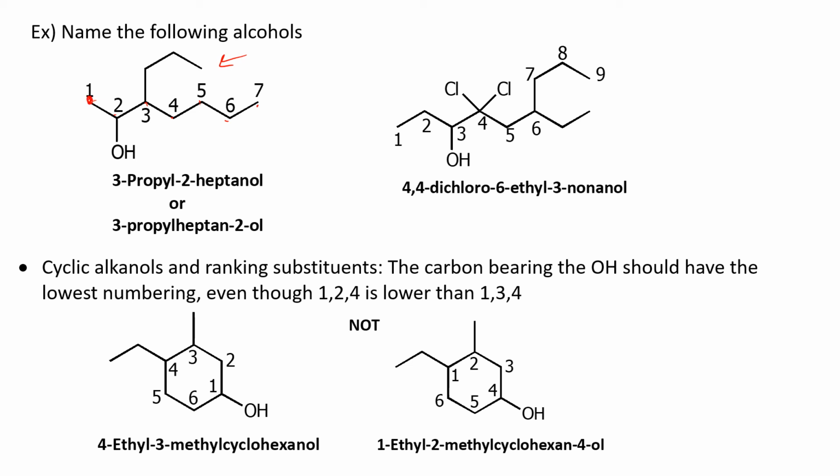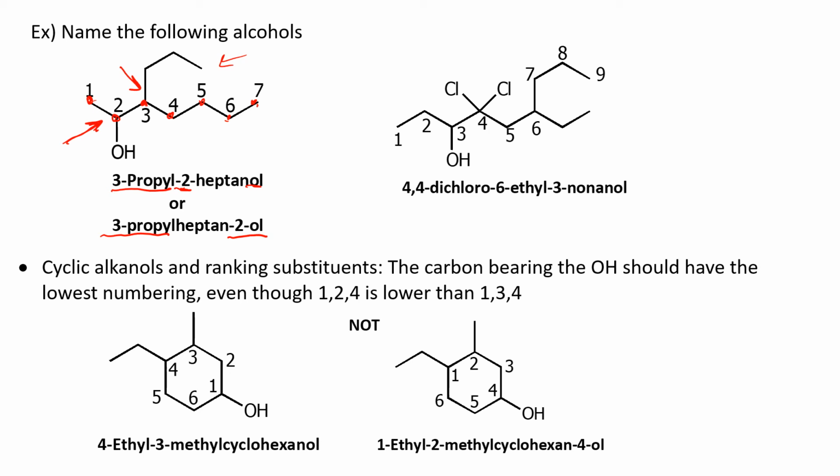So I start numbering from the left, 1, 2, 3, 4, 5, 6, 7. We could call this 3-propyl, and then the 2 that tells us where the alcohol is, 2-heptanol, or you could say 3-propylheptan-2-ol.